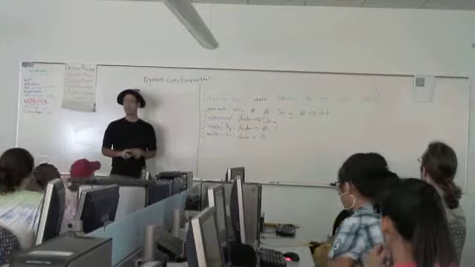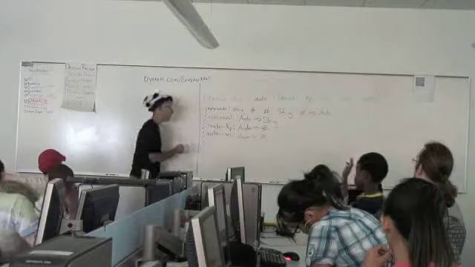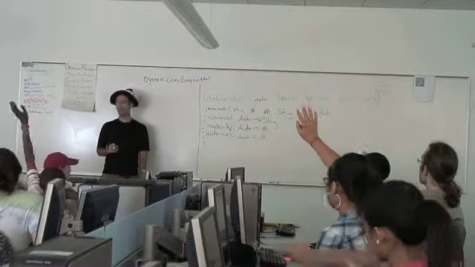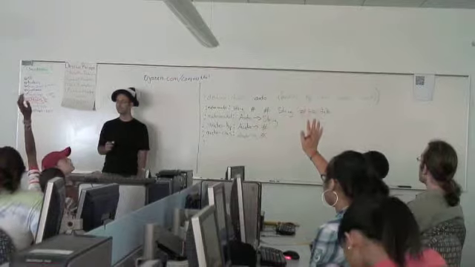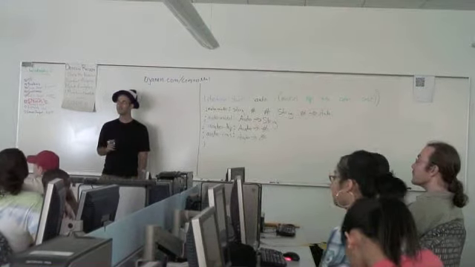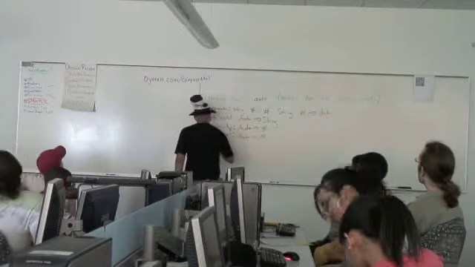Okay? Hopefully we'll have more hands this time. Raise your hand if you think you would know how to get the color out of an auto. How would I get the color out of an auto? Melody. Yes, auto color.